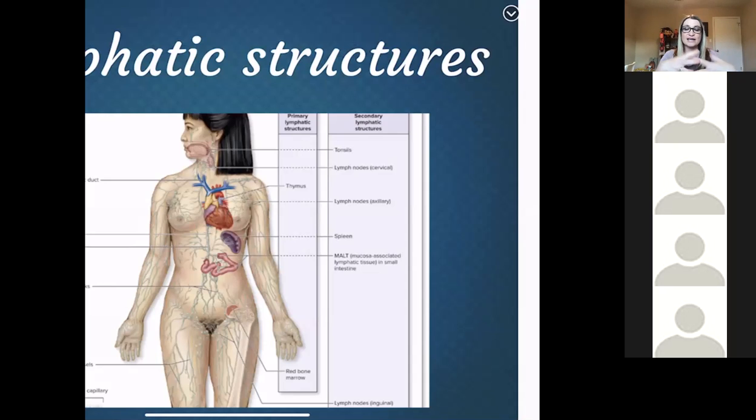So this fluid, this lymph, is going to be exactly the same by composition as your interstitial fluid, okay? And so make sure that if I ask you, is lymph the same as the interstitial fluid? By composition, they are identical.